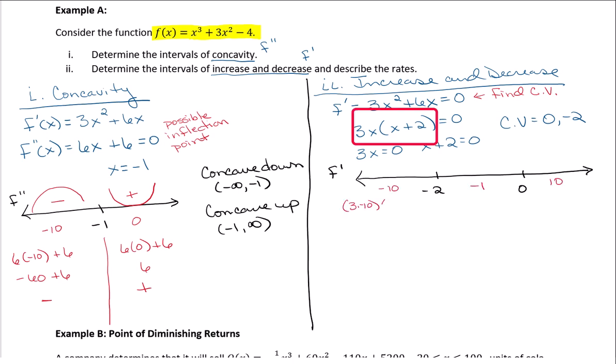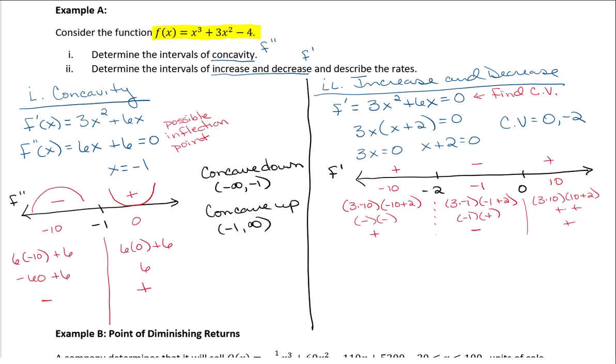Plugging into our first derivative, we have a positive interval where it's increasing, our second interval where it's decreasing, and our third interval where it's increasing again. But remember, we need to figure out where it's increasing and decreasing, but also at what rate.